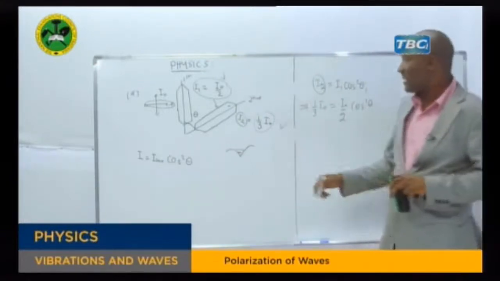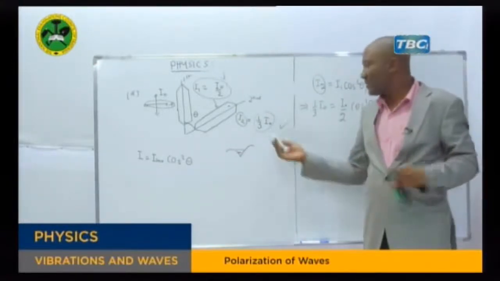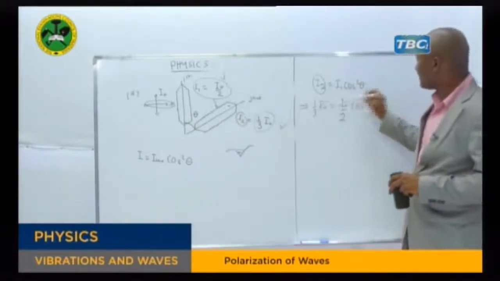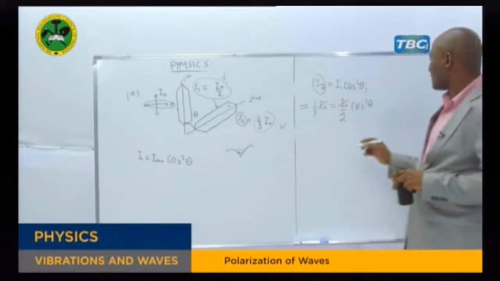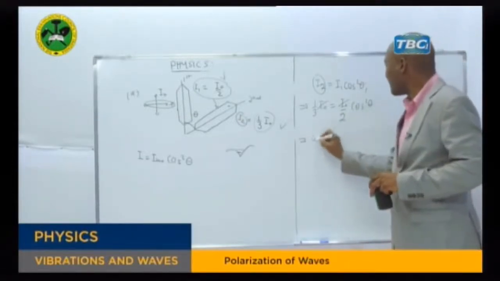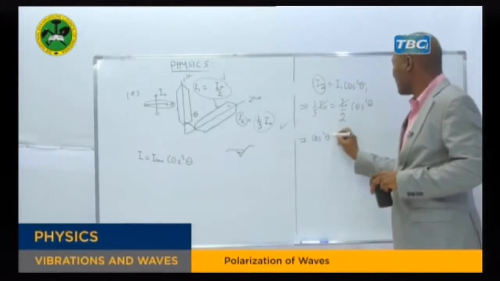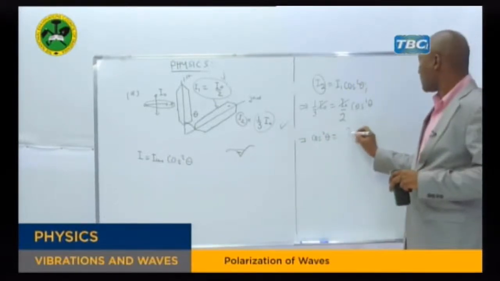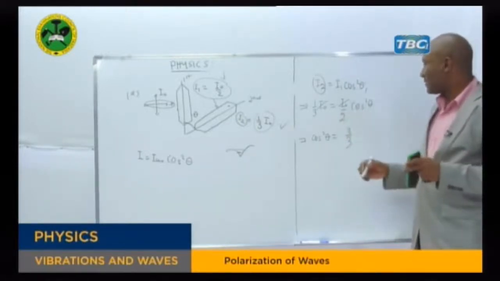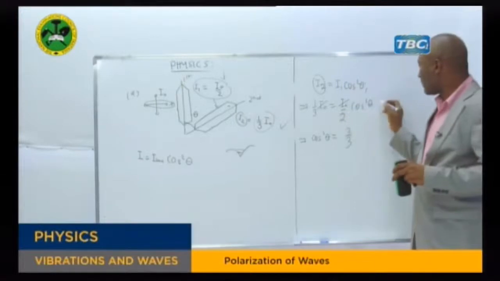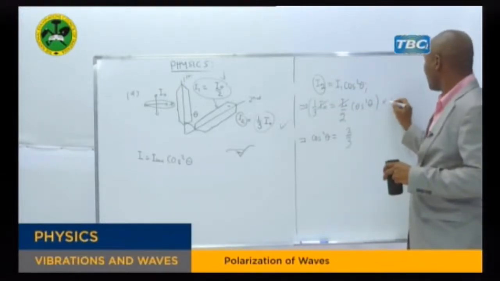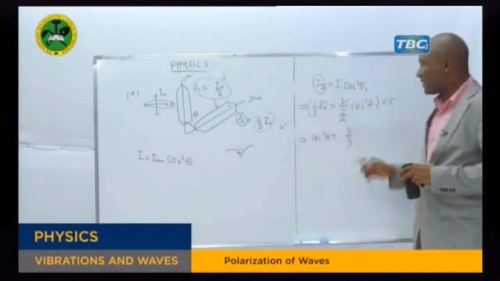I2 is given, which is 1/3 of I0. Now, what will be the angle here? So I0 we cancel out, and if you make cosine squared of this angle the subject, this equals 2/3. If you multiply by 2 on both sides, these two will cancel out, and this will be 2/3.